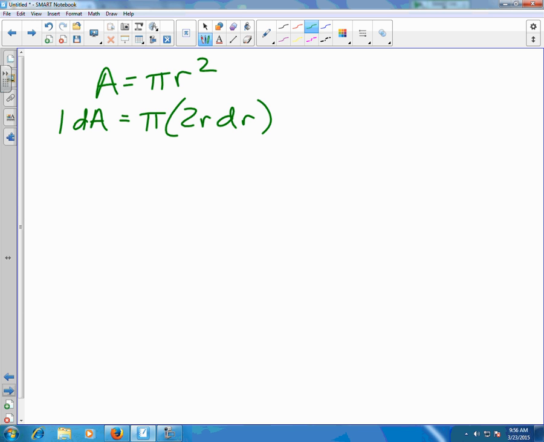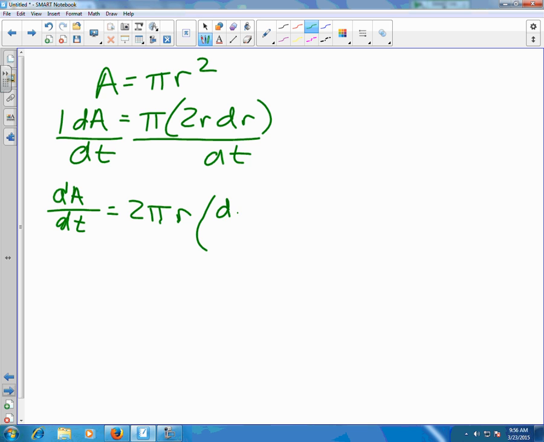And then we get the dr. Divide both sides by dt. And what we get is dA over dt is equal to 2 pi r times dr over dt.